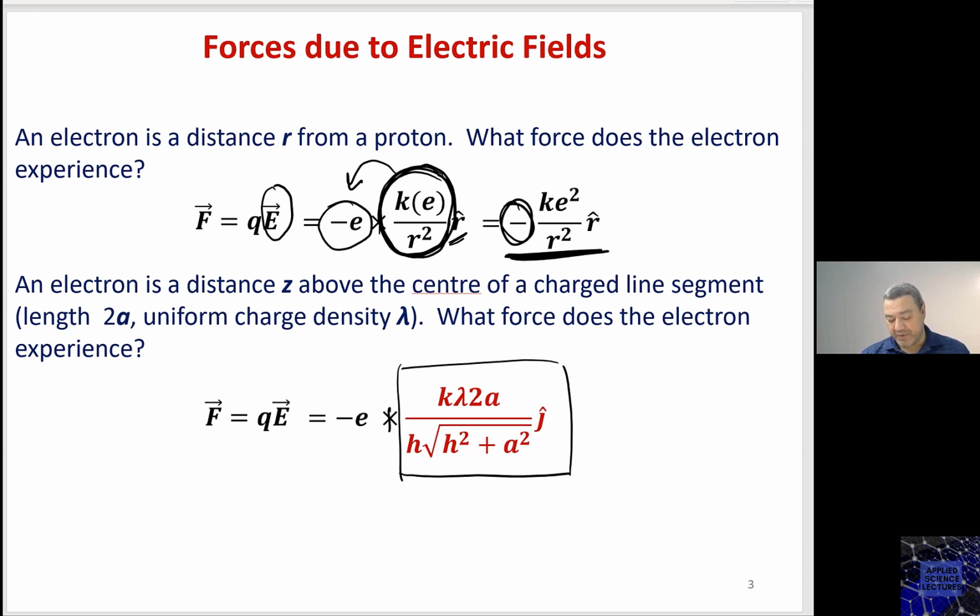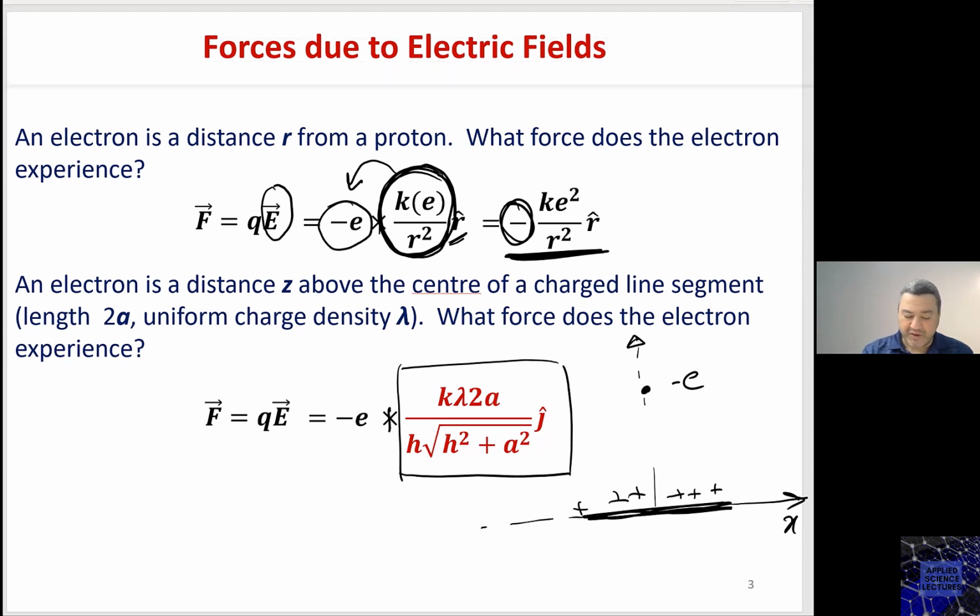So, for example, this is the line of charge that is generating this electric field, and I have an electron that's sitting right here. This is a positive charge.